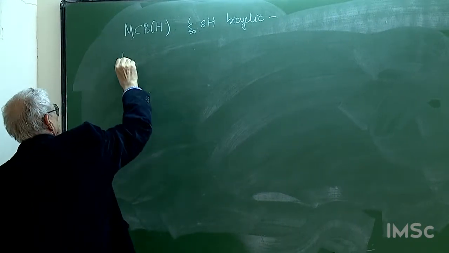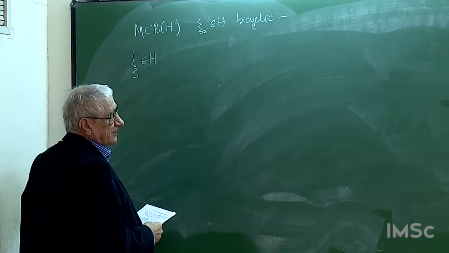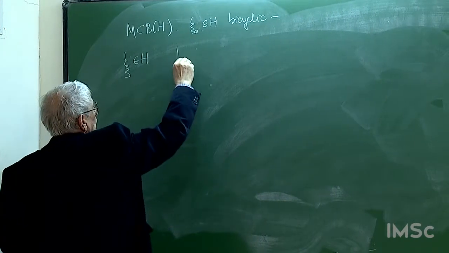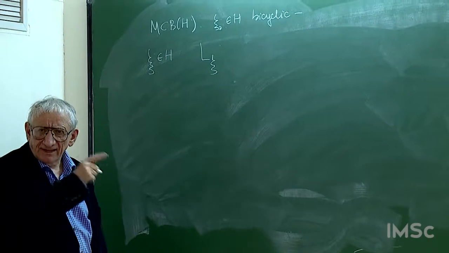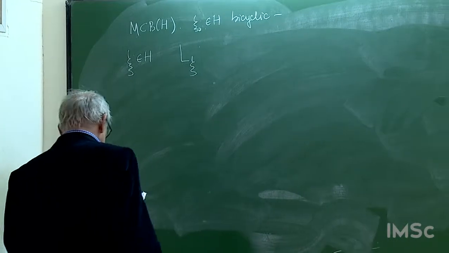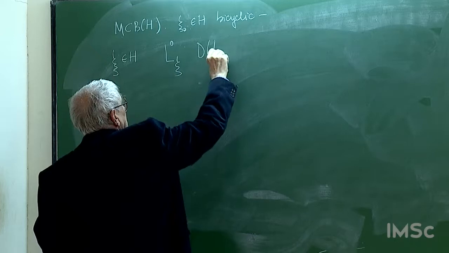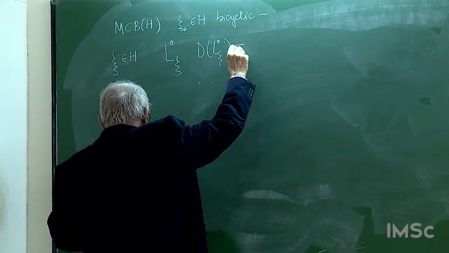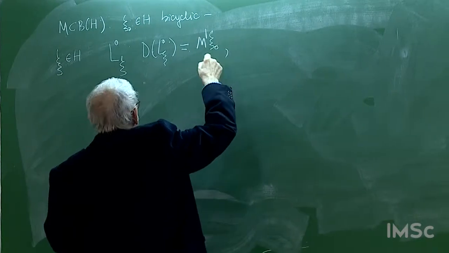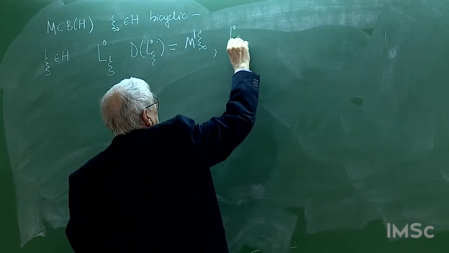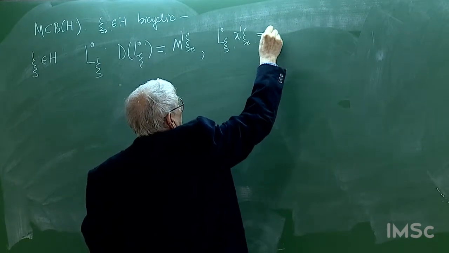Now, for every psi in H, we already considered an operator which I will call now L psi zero, it was called capital X at that time, with the domain of L psi zero equal to M prime psi naught, and such that L psi zero of X prime psi naught is X prime psi.